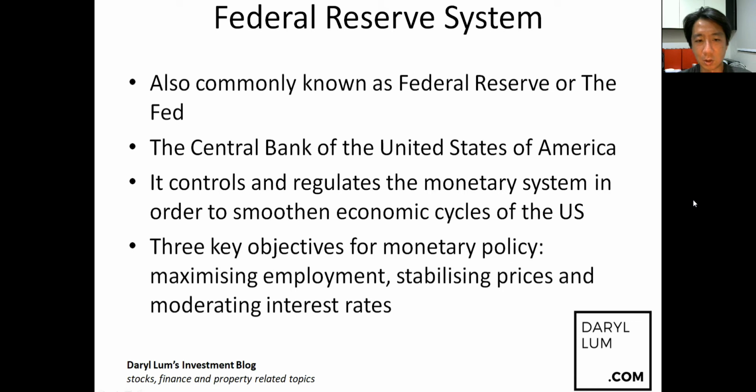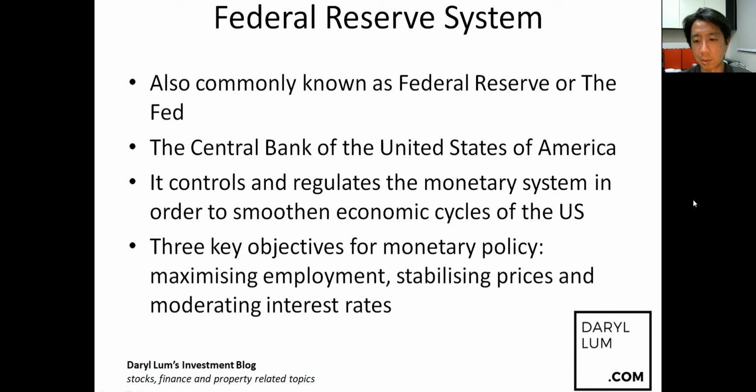So there are three key objectives for monetary policy. The first one is to maximize employment. If the Federal Reserve sees that unemployment is particularly high, then it may try to lower interest rates or tweak monetary policy so that it will encourage businesses to employ and expand.